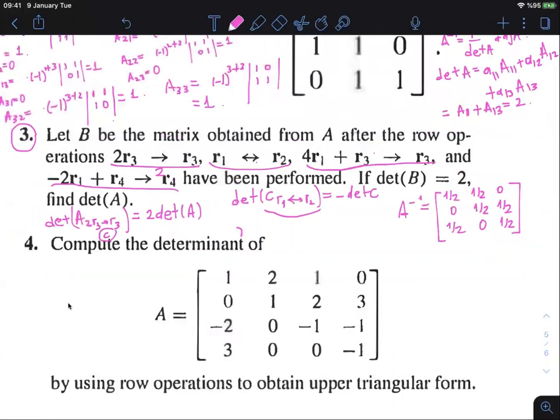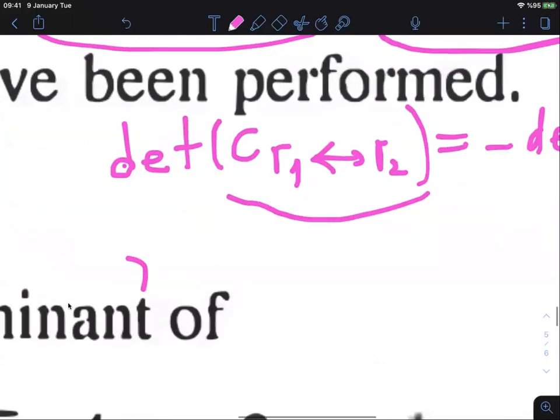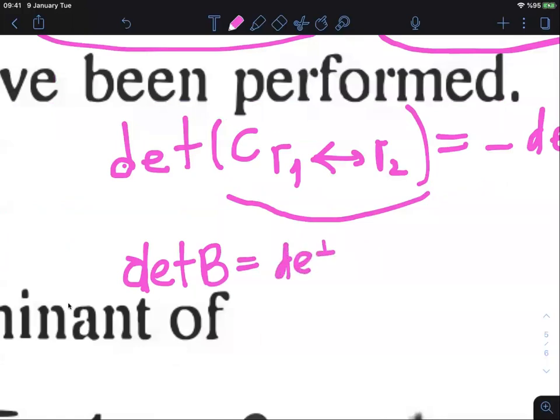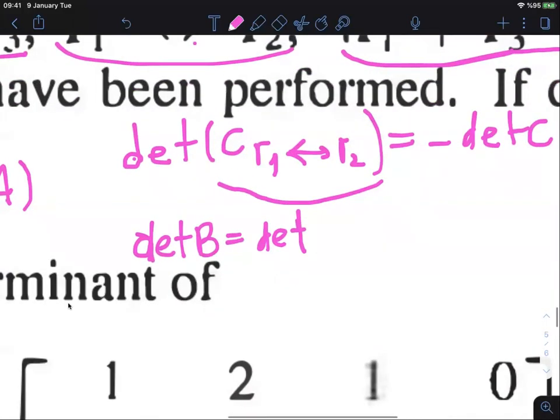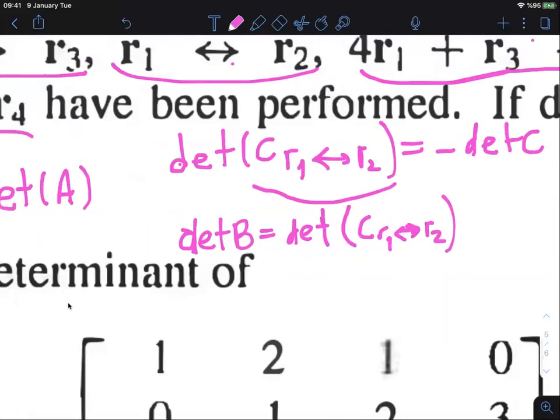So what we get at the end is the determinant of the matrix B is the same as the determinant of the matrix when these two rows are swapped.